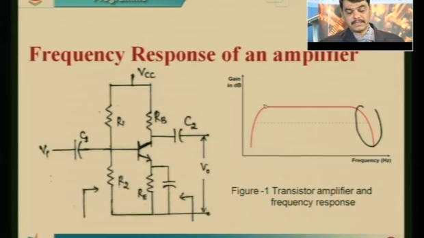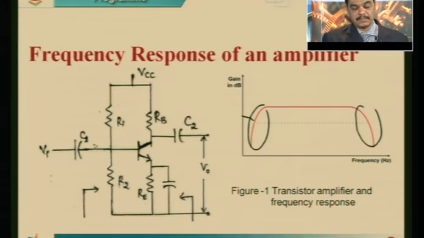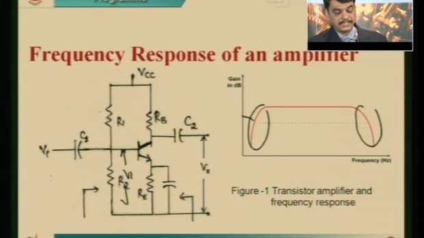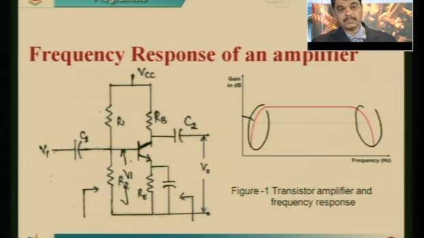The gain of the amplifier increases with frequency, and that is due to the coupling capacitor Cc or C1 and resistance Ri. If you measure the voltage at this point, it is Vi dash. The input voltage varies due to the reactive component.